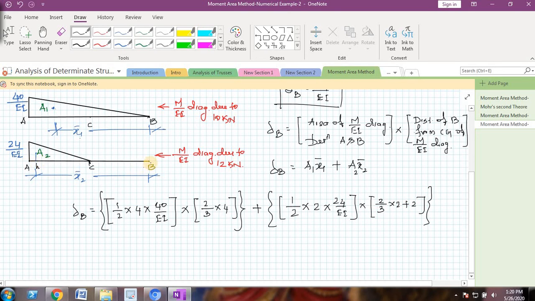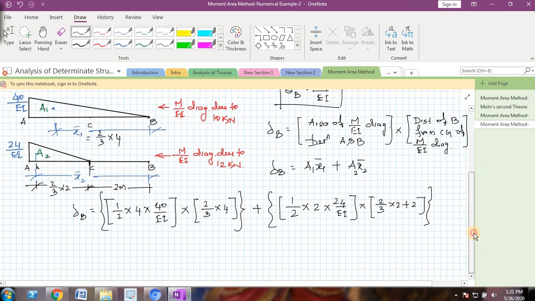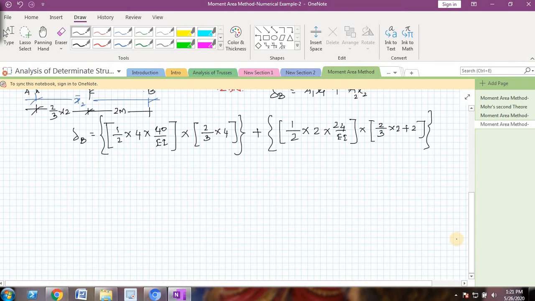Why? Because we want the distance from B up to the CG of A2. This distance will be 2/3 of 2 plus this distance, which is already known to me, that is 2 meters, and this distance will be 2/3 of 4 because the total span is 4 meters. So this is how you can write the equation.